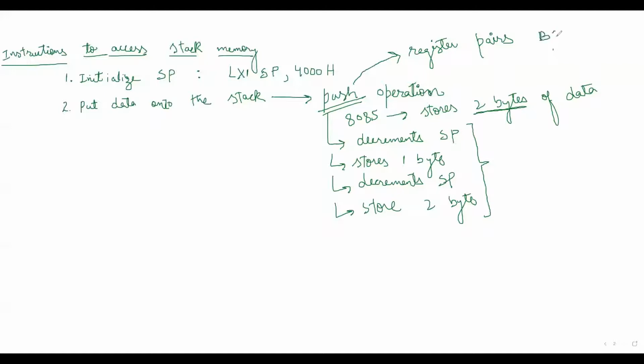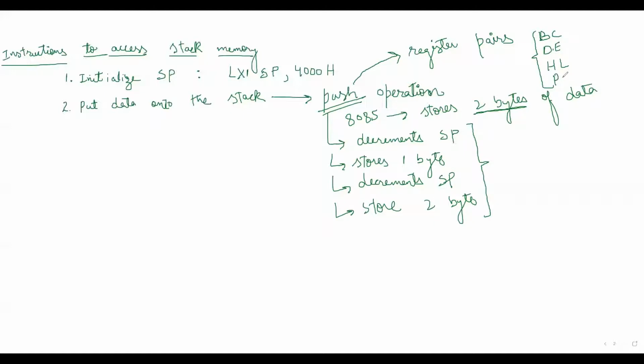One register pair is B and C. The second register pair is D and E. And the third register pair is H and L. These are the register pairs that it can store onto the stack.